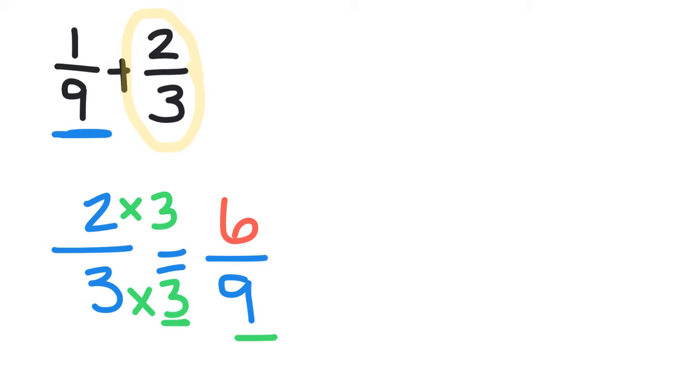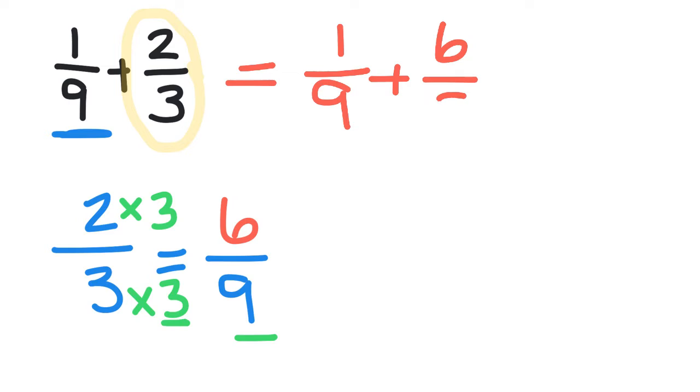Now I'm going to go back to my original problem and rewrite it using my equivalent fractions. Now I have 1/9 plus 6 ninths. Because I found an equivalent fraction, I turned my 2/3 into 6 ninths.